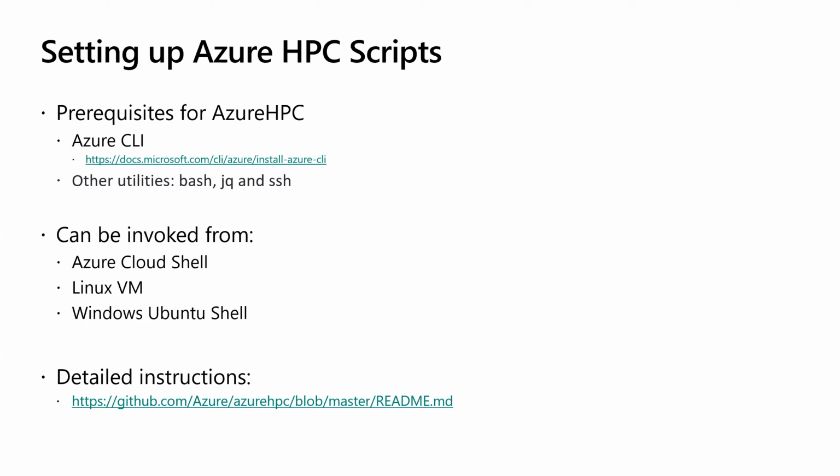So in Azure, you can fire up a Cloud Shell, which has the CLI available, or you can deploy a Linux VM or use the Windows Ubuntu shell and then install the Azure CLI there. And right here, we give detailed instructions of how to set things up.